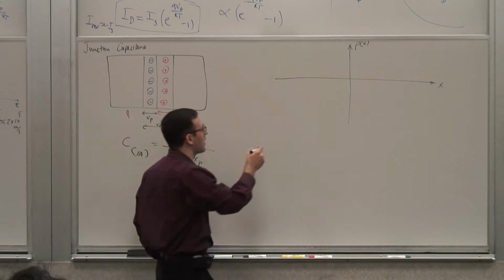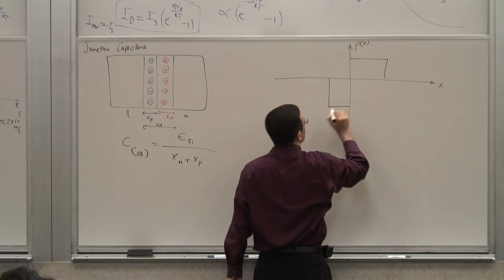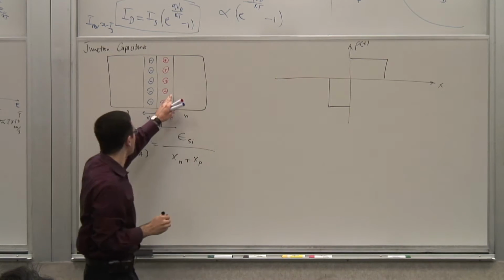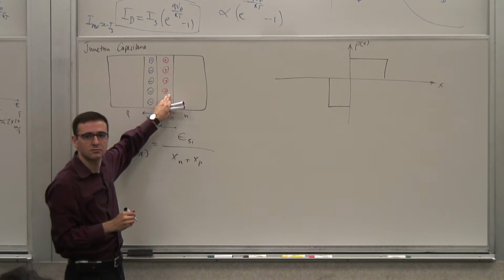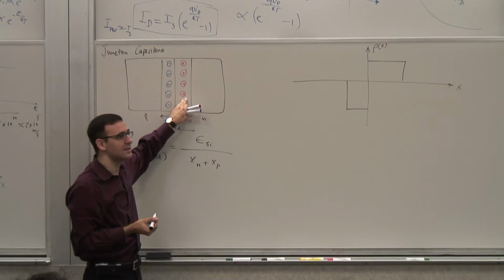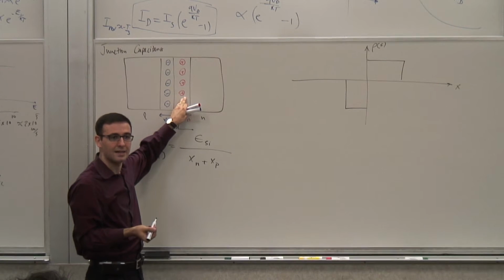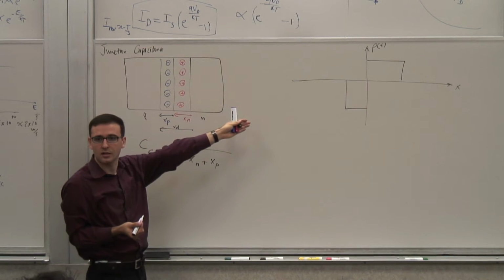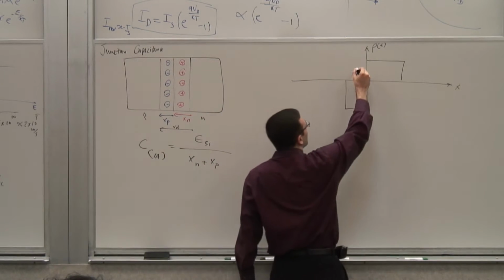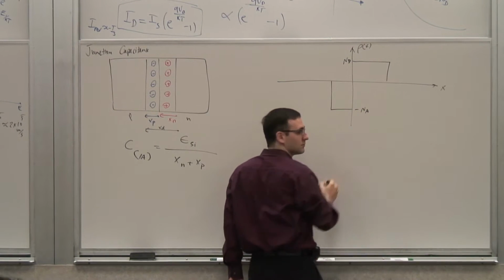I know on this side I have positive charge, and I know I have negative charge on this side, right? So what is the charge density on the positive side, on the N side? What is the density, this rho? ND. Why? Because these are just the ions, right? The dopants that are ionized. And we said they are all ionized. So it's ND here, and this is minus NA by the same argument.